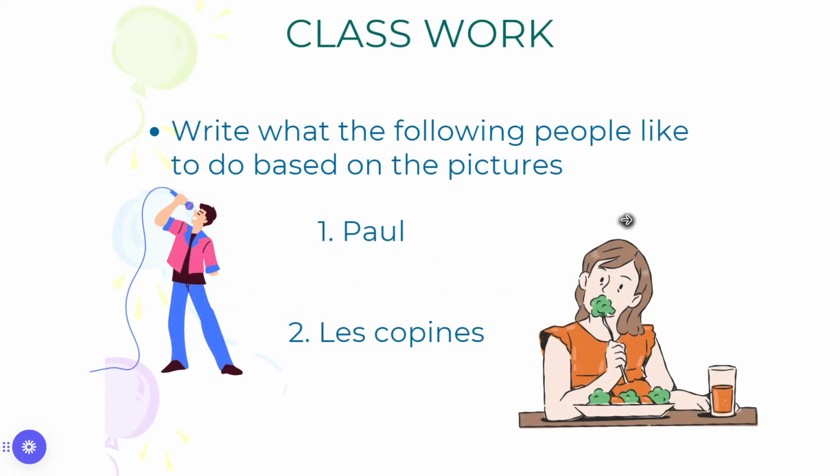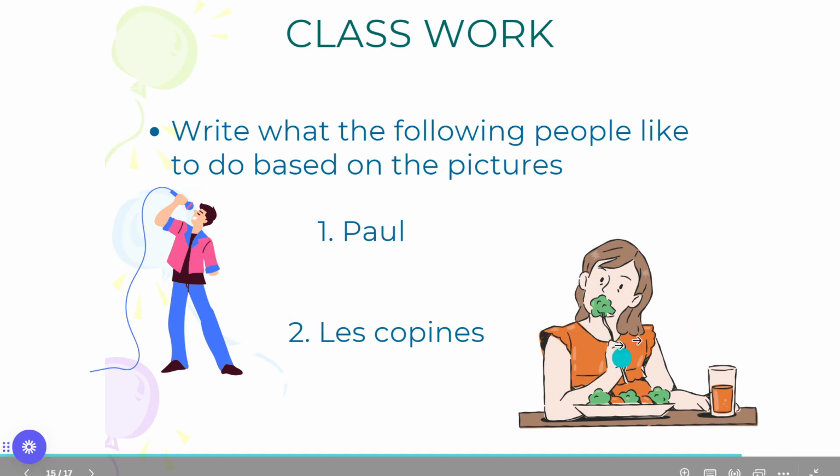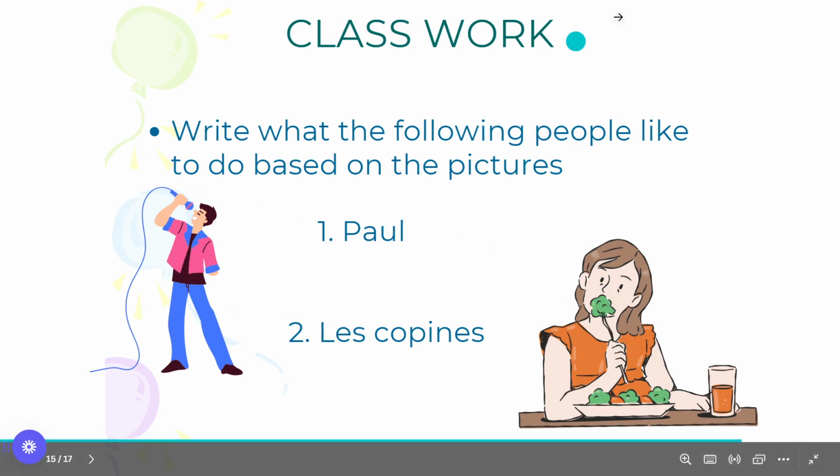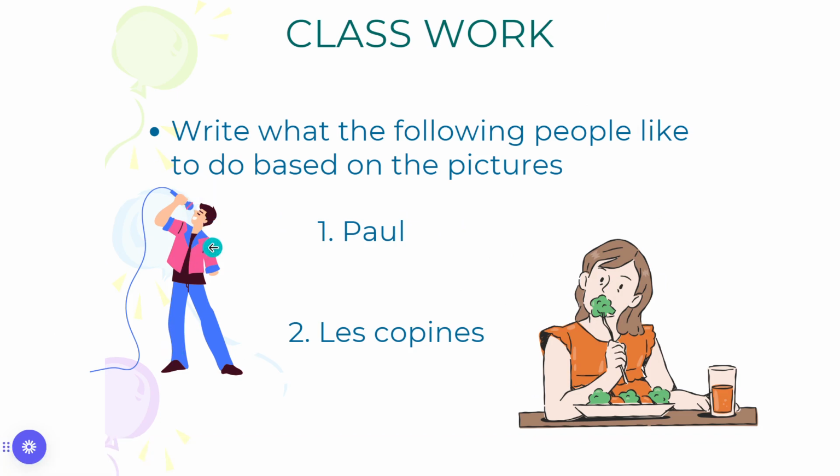Now, what you'll have to do here is look at the picture. This is Paul and this is a girl. Okay, what is Paul doing? Pause this video, check it. So Paul is singing. And what is singing in French? Chanter.